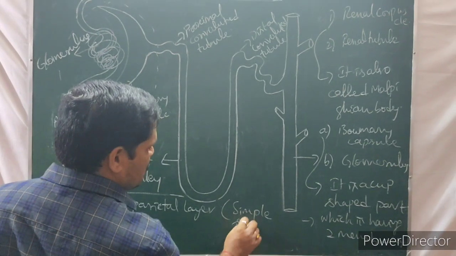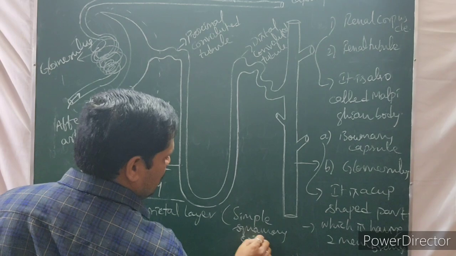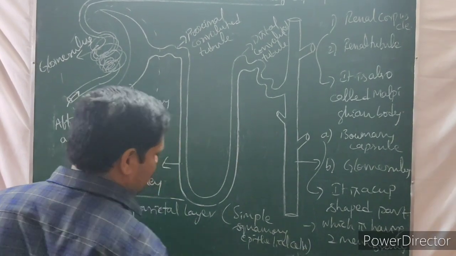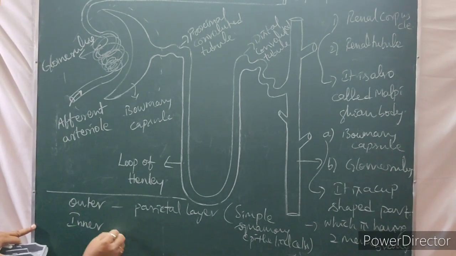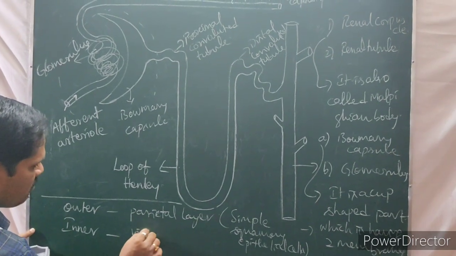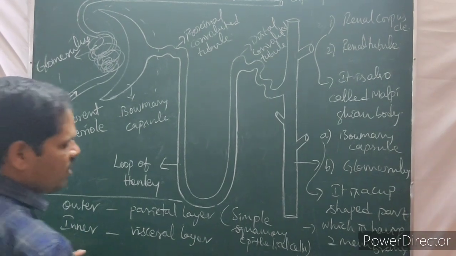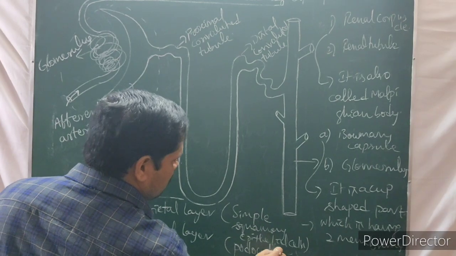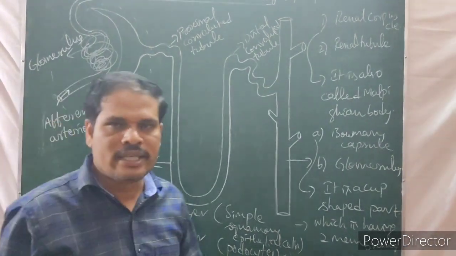The inner membrane is called the visceral layer, which is made up of podocytes. These are the less flattened cells.